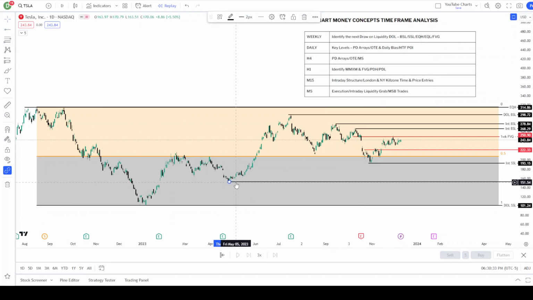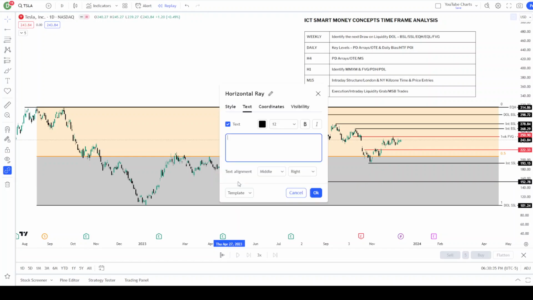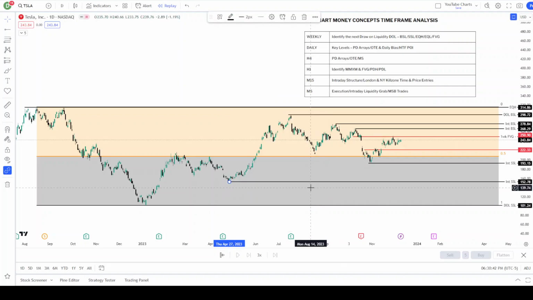Could also put this guy down here. This is internal sell side liquidity down here at the 152.78. We got this one marked here. And I think that's pretty good as far as what we got.